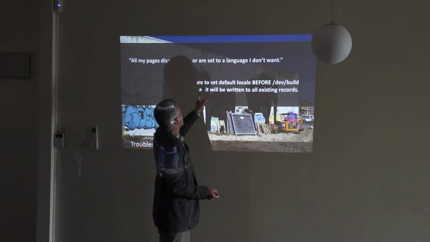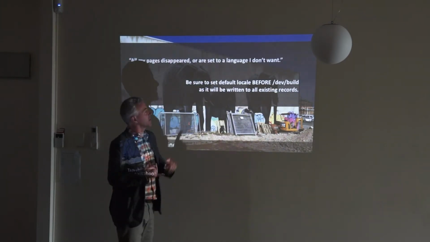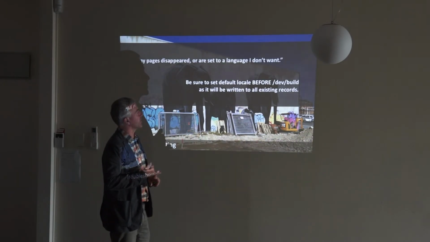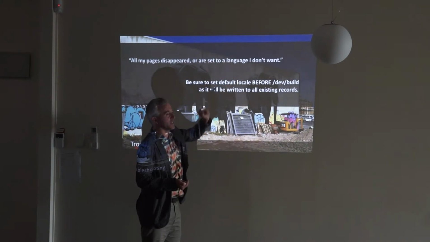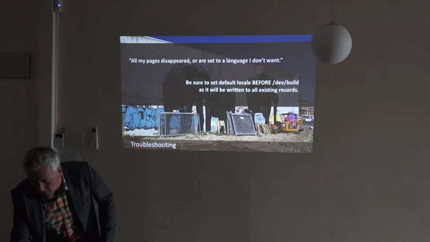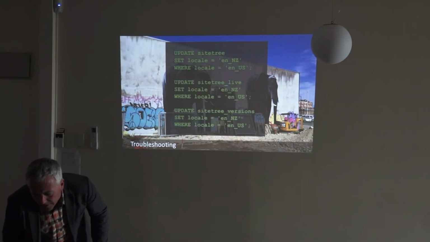So the thing to do is set your default locale before building, because when you build, a locale will be written to all your existing records, and it will be that one if you set it, and if you don't, I think it's US English, is that right? I think. It's not what you want anyway, because we're not in the US.